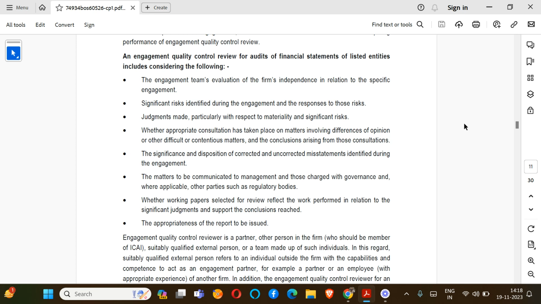The matters which are to be communicated to management, to TCWG, whether they had been communicated, and other parties like the regulatory bodies as well, and whether working papers selected for review reflect the work performed in relation to significant judgments and support the conclusions that you've reached, and the appropriateness of the report that you are going to issue.